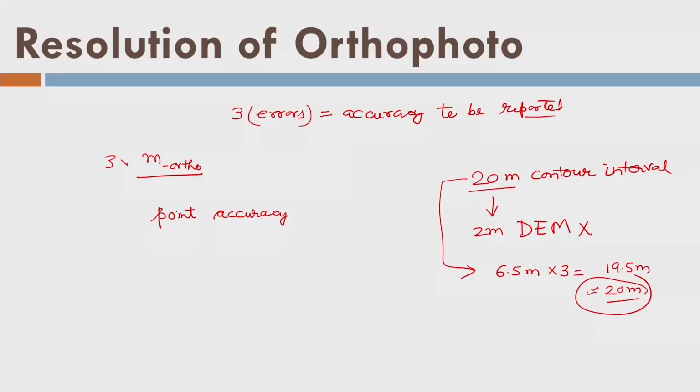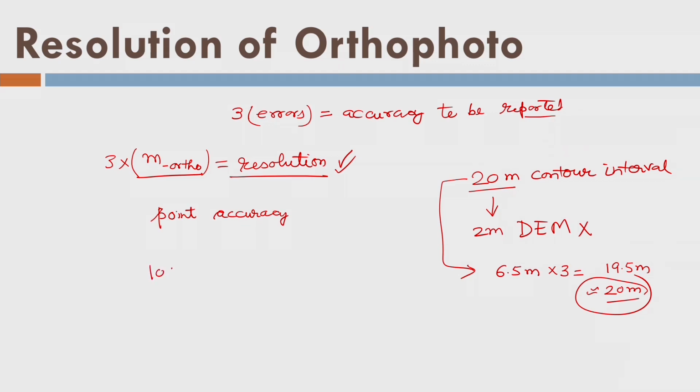So what will you do now? Multiply it by 3 and make it equal to the resolution, and resample the orthophoto to create this resolution. It may not serve the purpose in the field, but at least it is very accurate. Whatever purpose you can serve with this kind of orthophoto, this orthophoto is best for that purpose.